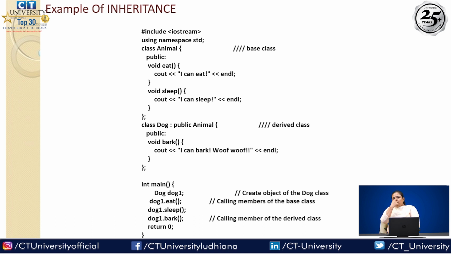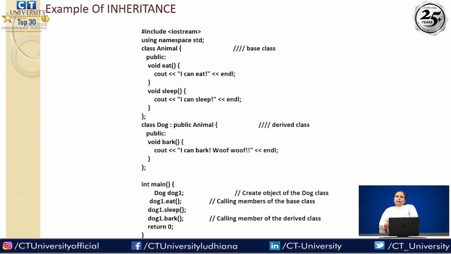When we create an object of the derived class Dog, this object has the right to access its own function, as well as the functions of the base class. When we execute, it can execute bark itself, and in the same way it can execute the eat and sleep functions. So the output of this program is: I can bark woof woof, I can eat and I can sleep.